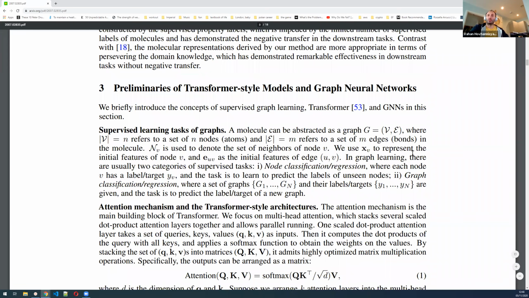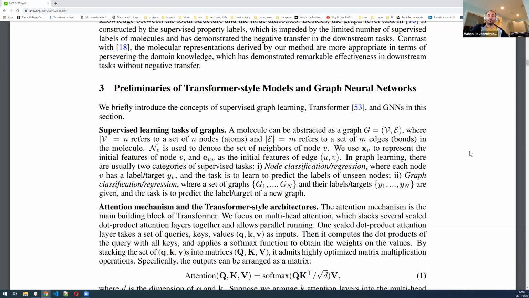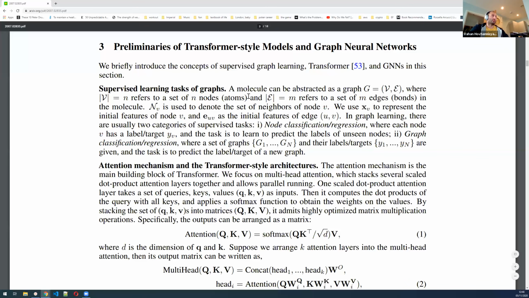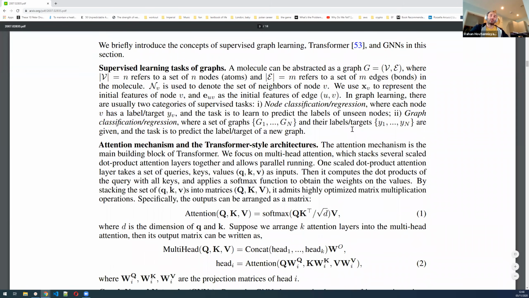Should we move on to formal definitions? Cool. So, we're learning on graphs, right? We have a graph, vertices, edges, number of vertices, number of edges. Here we will study undirected graphs.